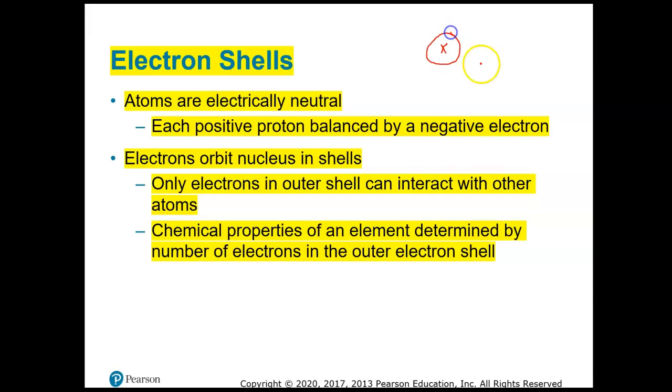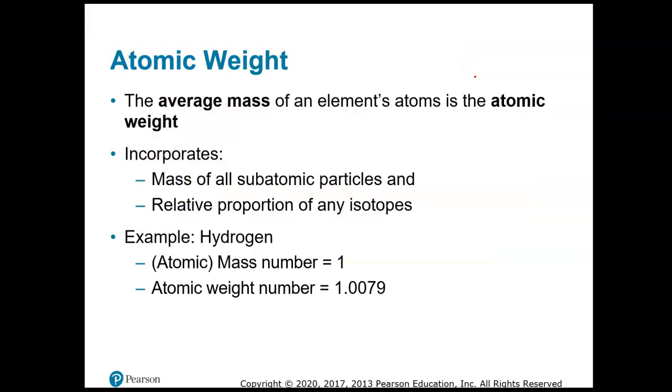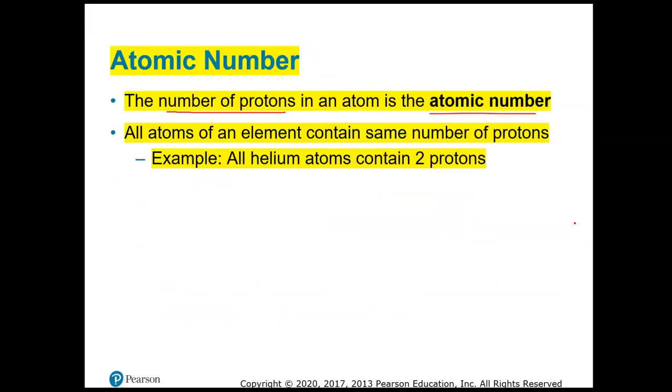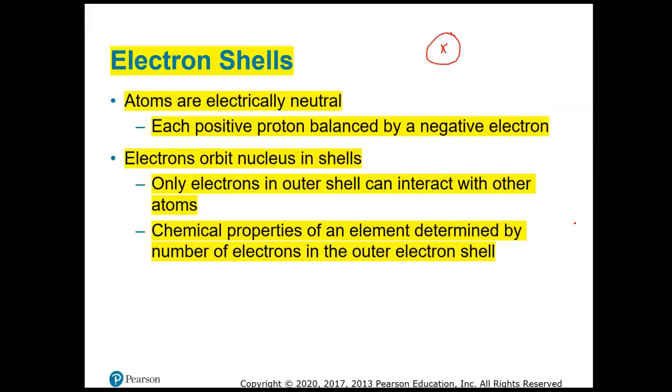the first electron shell is full when it has 2 electrons in it, just like helium, okay? This first electron shell is full with 2 electrons. And helium is considered a stable atom. It will not form chemical bonds with other atoms because its outer electron shell is already full.